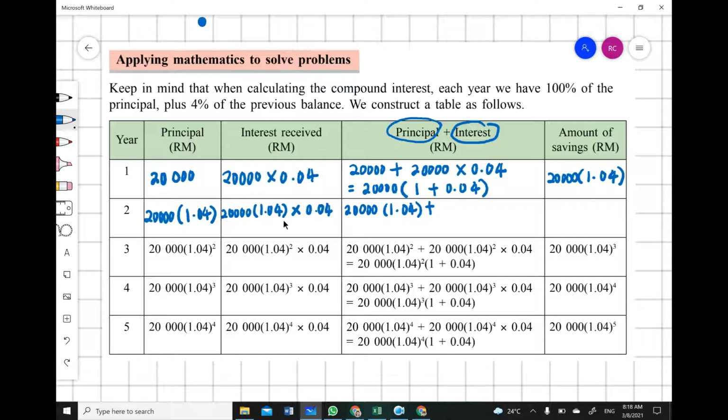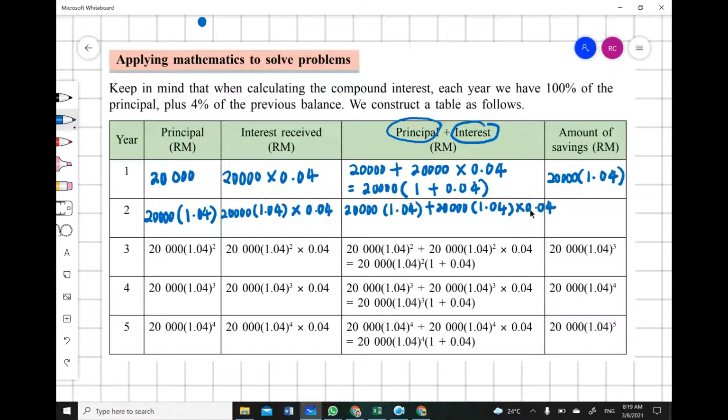So you copy down everything over here: 20,000 times 1.04 times 0.04. So from this line that we have, we are going to simplify it.